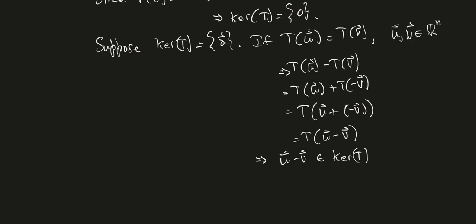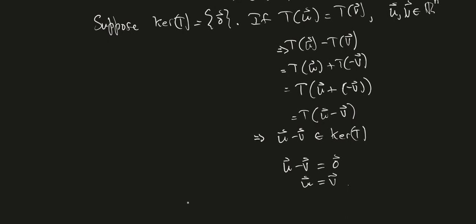So u minus v must be equal to the zero vector, and therefore u has to be equal to v. So if the output is the same, what we've shown is that the inputs would have to be the same. Therefore, our transformation is one-to-one. So T is one-to-one, and that's our QED.